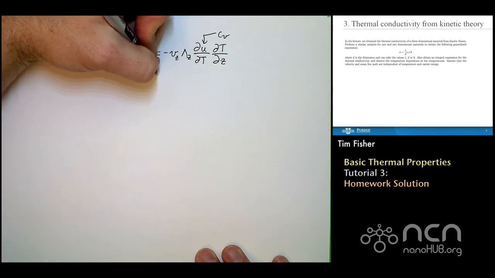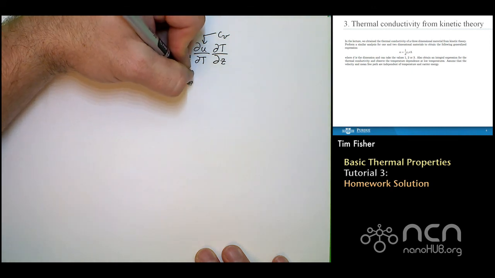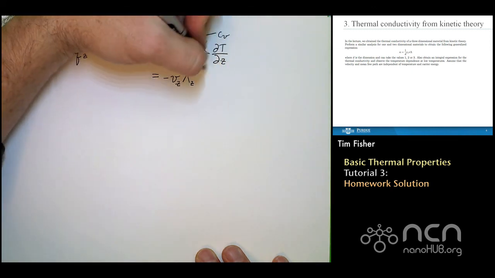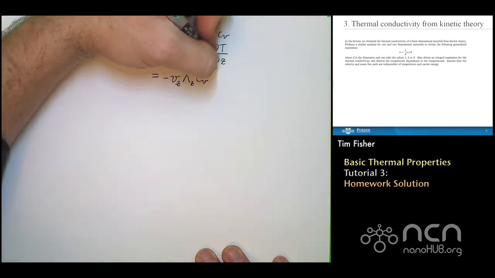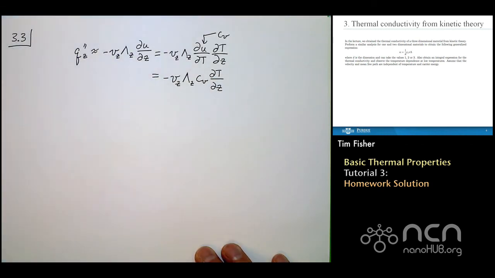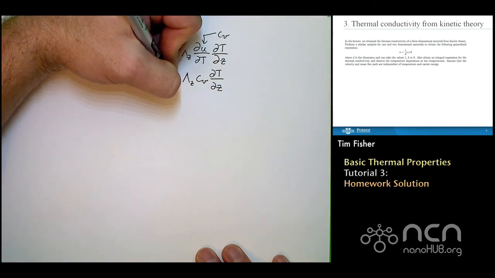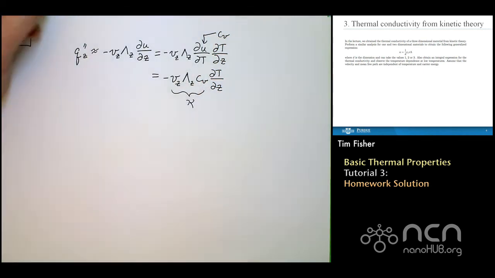This will equal then again the velocity in the z direction, the mean free path, and now the specific heat multiplied by the temperature gradient in the z direction, and it's this thing out front that we call thermal conductivity. Normally it's expressed not in terms of directional components of velocity and mean free path, but rather in terms of the general speed and overall mean free path.